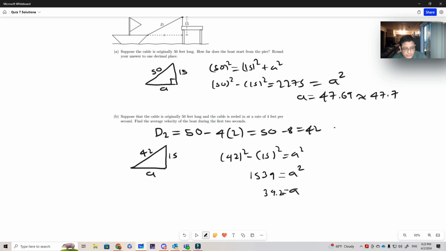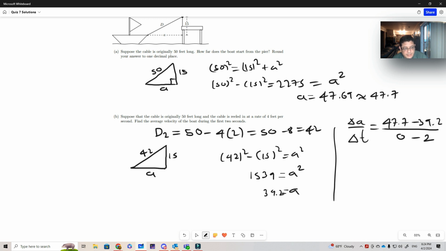But now what I want to find out is the average velocity of the boat over those 2 seconds. So what I'm really trying to find is the change in A with respect to the change in time. Initially it was 47.7 minus 39.2, and this was at 0 seconds, and this was at 2 seconds.